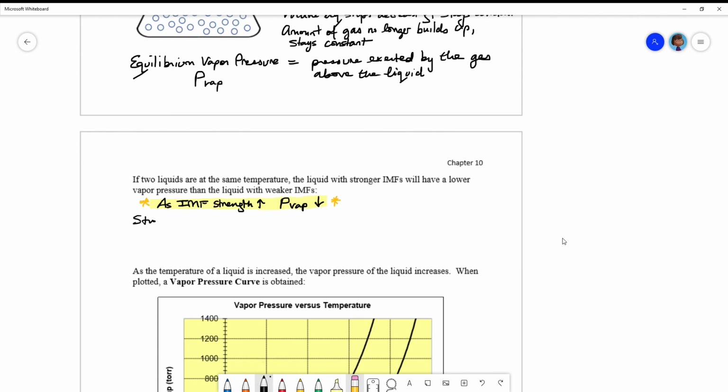Stronger IMFs lead to less liquid vaporization and less gas above the liquid. And of course, less gas exerts a lower pressure.